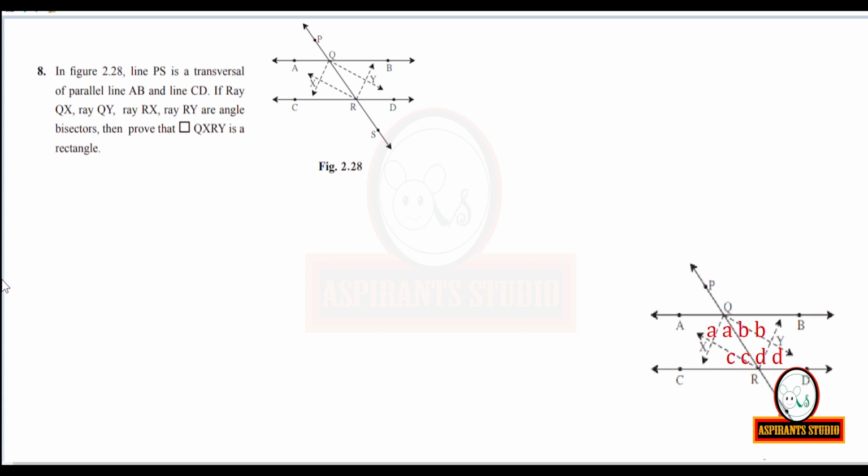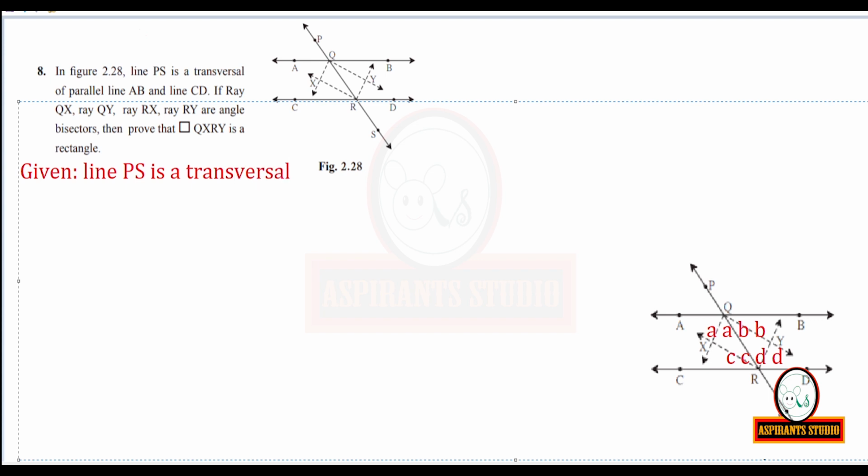Now, what is given, you have to write. What is to be proved, you have to write. Then you have to start the proof. Now, you are given line PS is a transversal of parallel lines AB and CD.